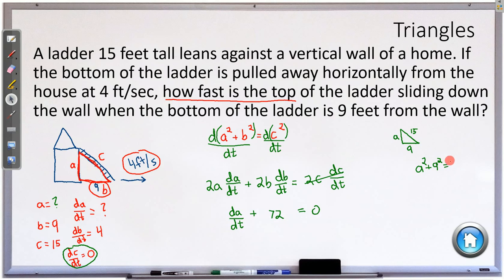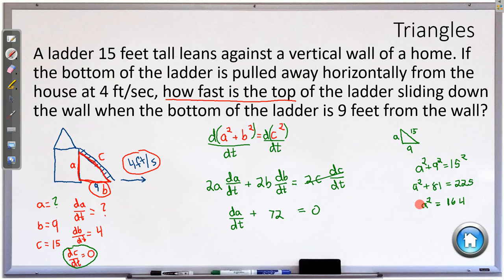15 squared goes over here. So that is A squared plus 81 is equal to 225. Subtract 81 from both sides. You'll get 164.